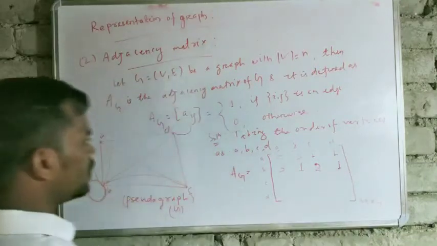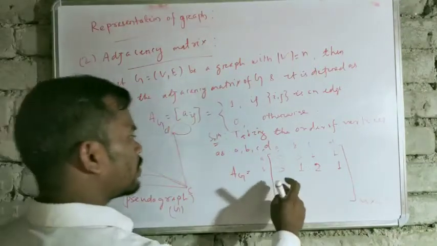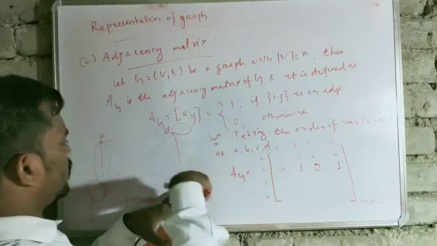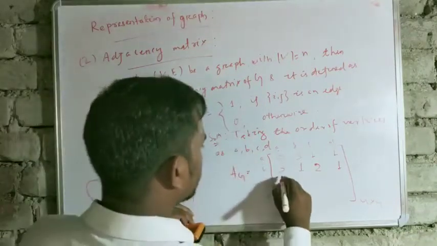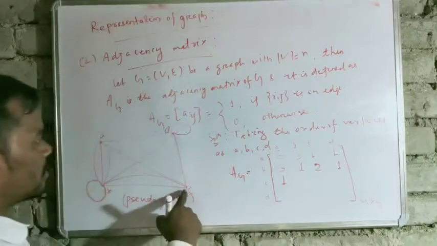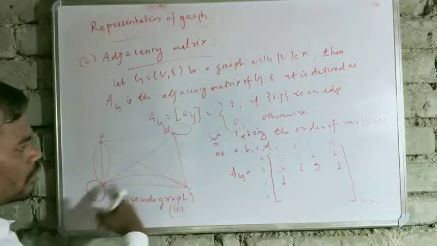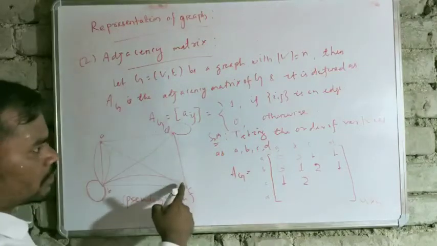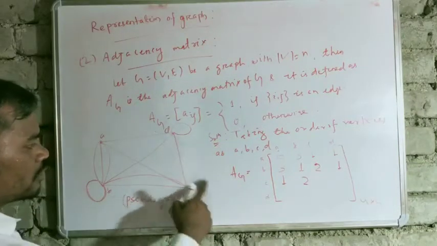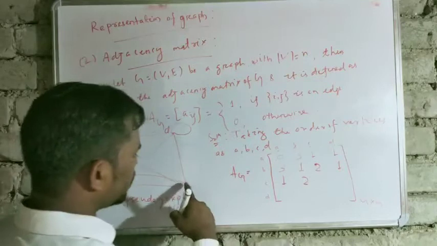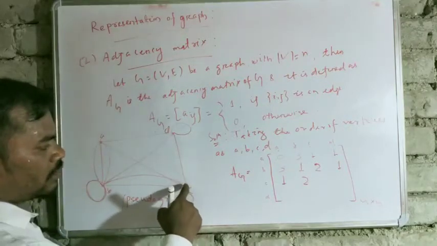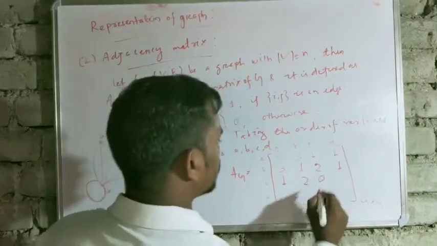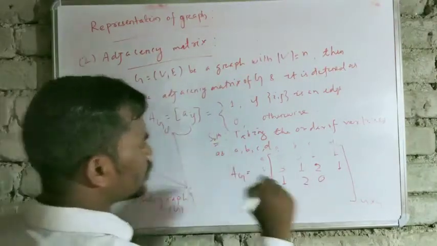So this is 1. Then go for the third row, C to A, 1 edge is there. And C to B, two edges are there, and C to C, no loop is there. That means there does not exist any edge which connects C to C. That's why this is 0, and C to D is 1.